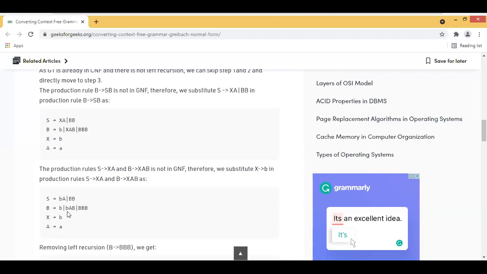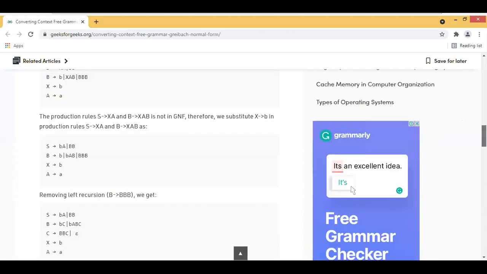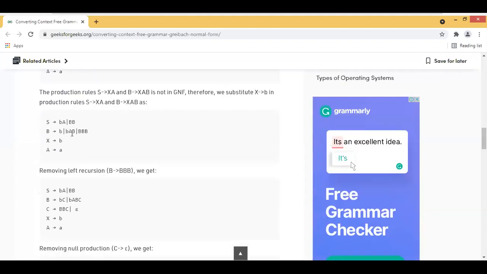Now I need to get this BB and this BBB into GNF. But while converting this BBB into GNF, I have a left recursion problem. The left recursion problem is B tends to BB: the left hand side variable and the right hand side variable are the same. So first of all, I need to eliminate that BBB.